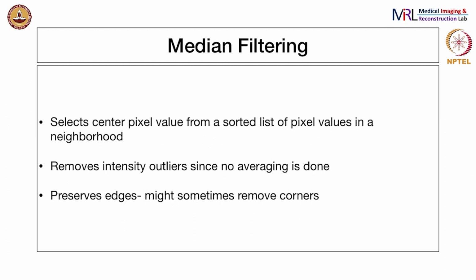Since you are not averaging, very large outliers are easily removed, and this is very good at removing salt and pepper noise. Random high or low pixel values are easily removed, and you don't lose the edge as much.